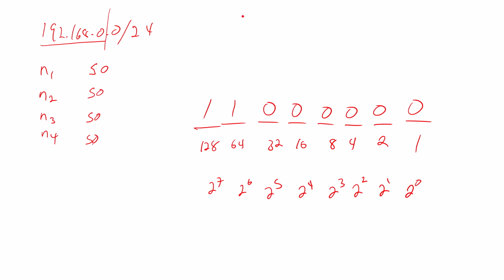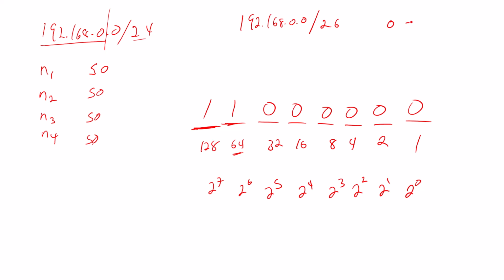So our subnet is 192.168.0.0/24, 25, 26. And that means each of the networks are going to be groups of 64.